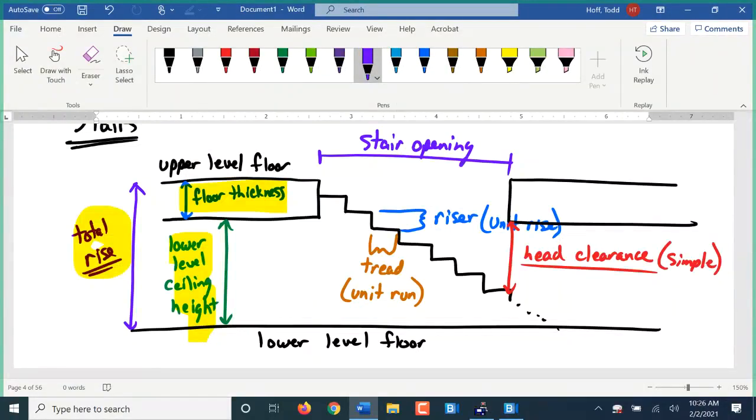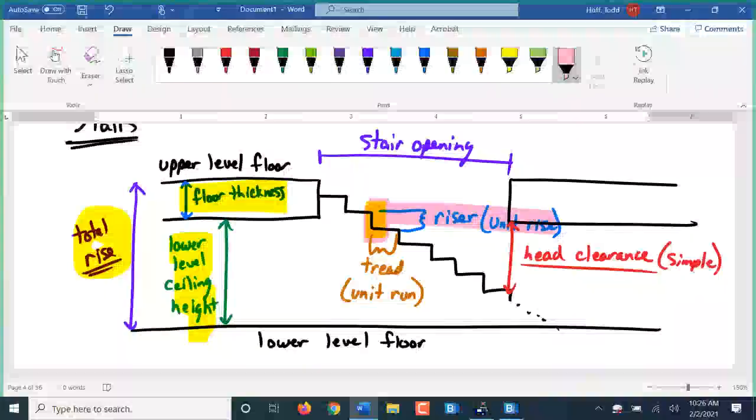So there's two main things to calculate here. One is to find the exact unit rise. That's based on what the dimensions are that are there. So let's look at finding the exact unit rise.